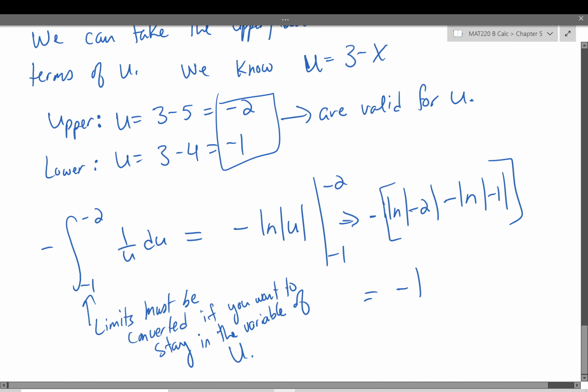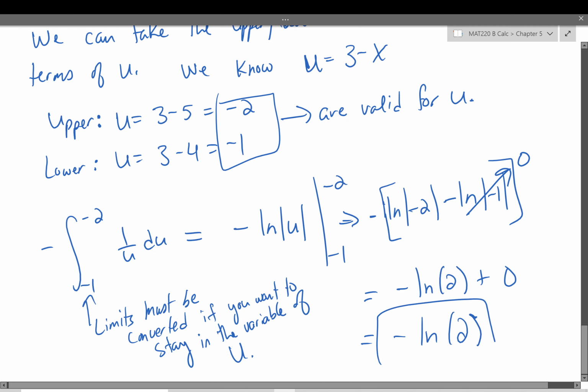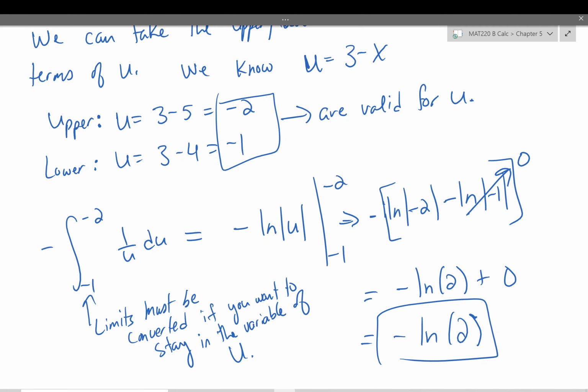This is going to give me the negative ln of 2 plus 0, because I know that is going to go to 0, or just the negative natural log of 2. So you still get the same exact answer. The question becomes, do you want to stay in u's or do you want to convert back into x's? Doesn't matter to me. It only matters to you.